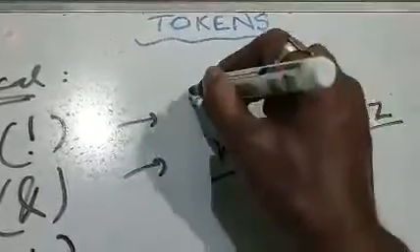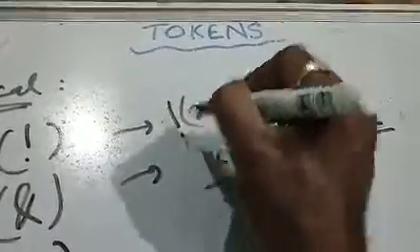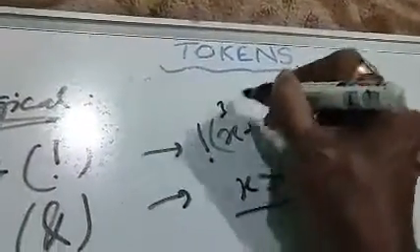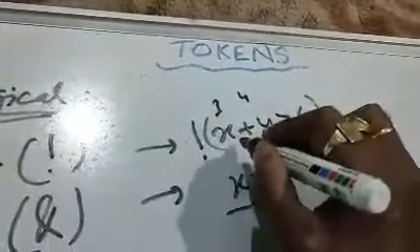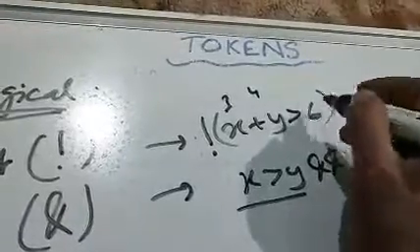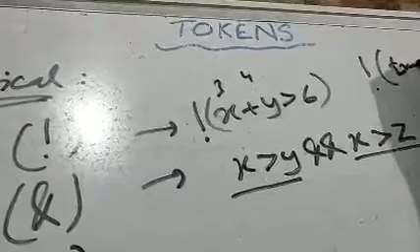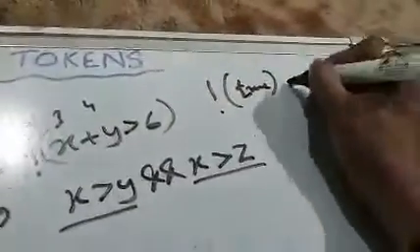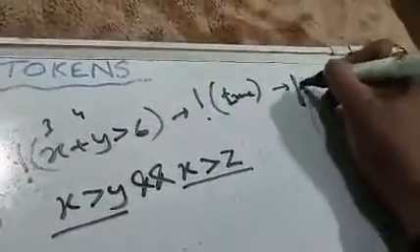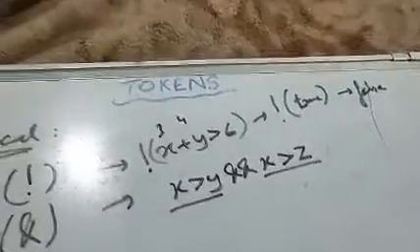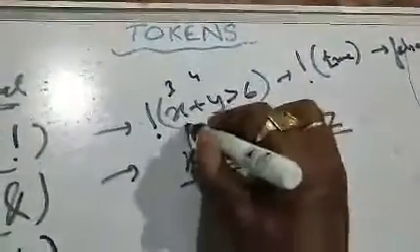Suppose X is 3, Y is 4, so 3 plus 4 is 7, 7 greater than 6, yes. So the answer in this case will be NOT and true. What is the meaning of NOT true? NOT true means false. Which is not true, that means false. NOT of this particular expression.